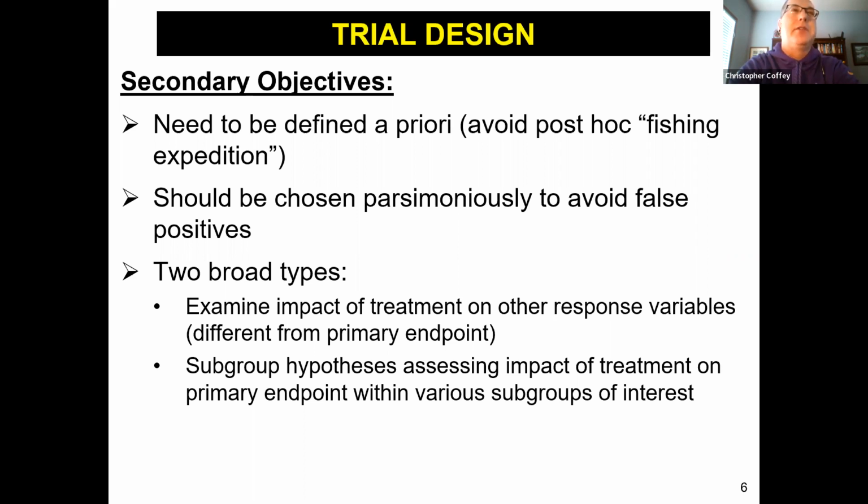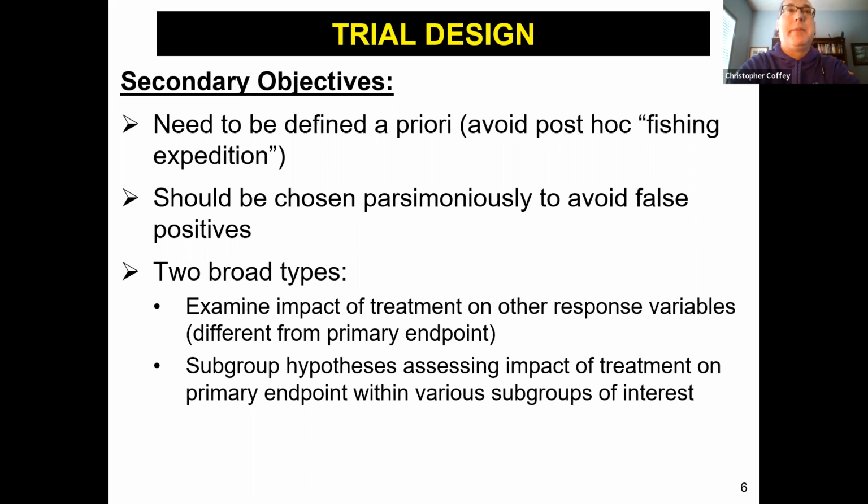What I mean by that is you're just casting your rod out there hoping to catch something. So it helps if there are some key secondary objectives to quantify, but you want to choose parsimoniously. And by that, I mean have a small number of secondary objectives that really cover the main objectives that you think will help inform the next step if you're successful on your primary endpoint.